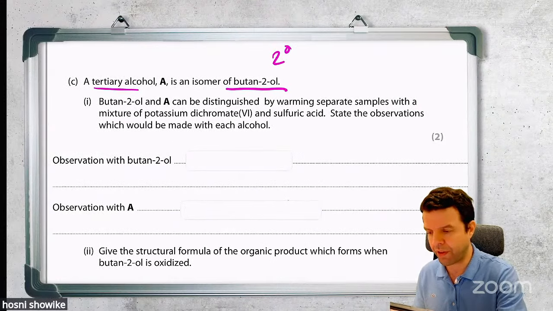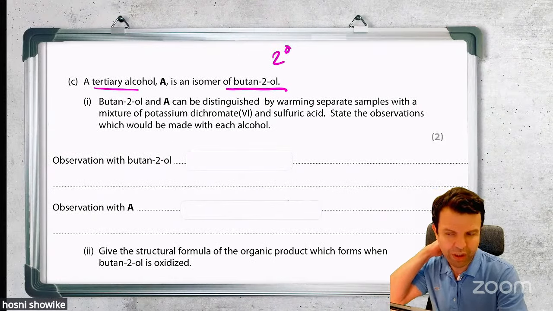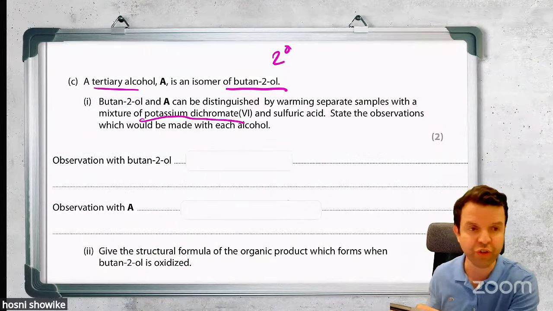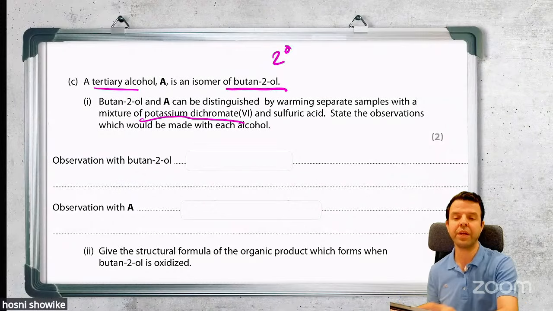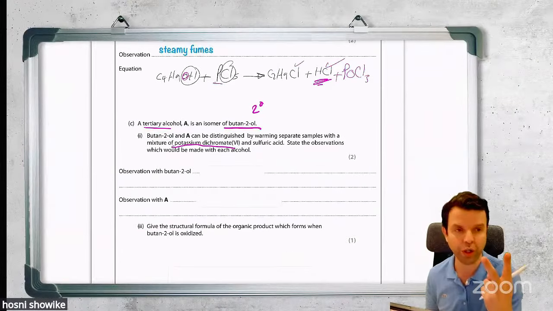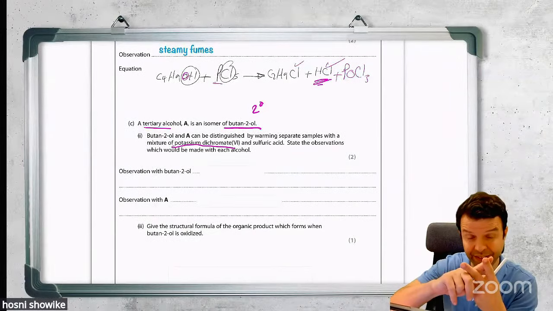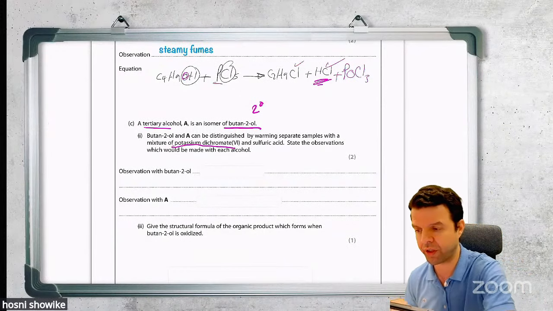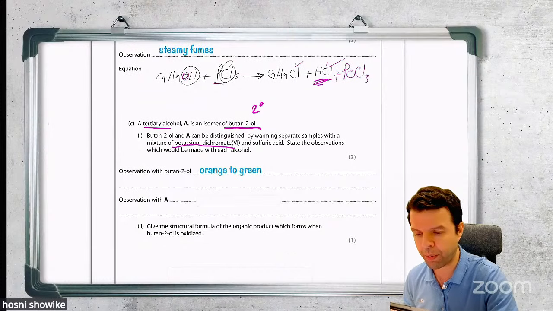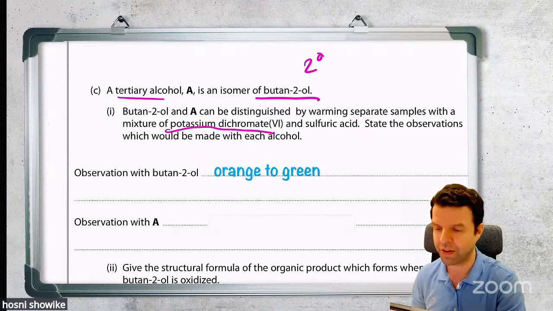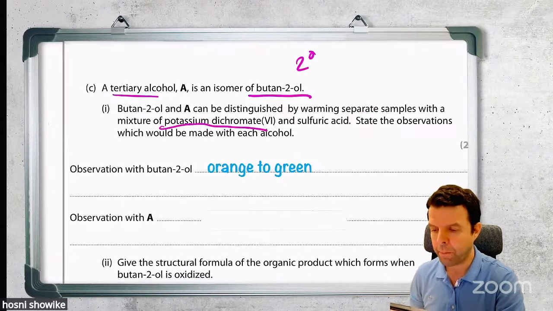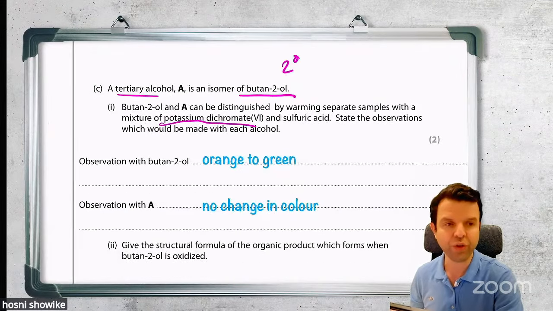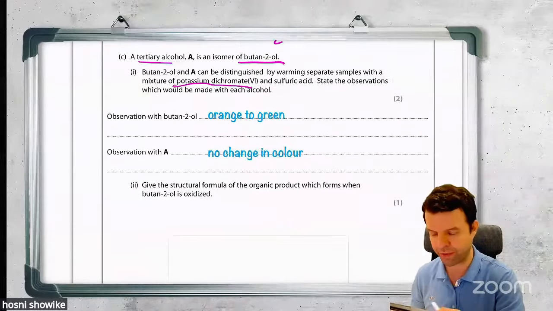To start with, I'll tell them with secondary alcohol, I am expecting that oxidizing agent to change its color. Potassium dichromate comes in 2 colors, orange as it is. When the redox reaction is over, it's turning green. We're going to tell them this is going to turn from orange to green. But tertiary alcohol is not going to react. Tertiary alcohol, there's no reaction in the first place.